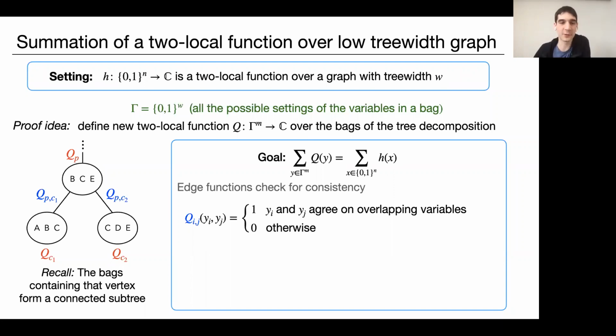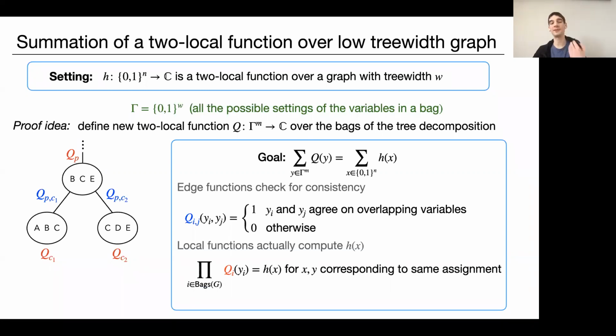And so we're crucially using that property of a tree decomposition here. So once we have these edge functions in, we know that any non-zero assignment to the variables over Q will be equivalent to some assignment to the variables in H.